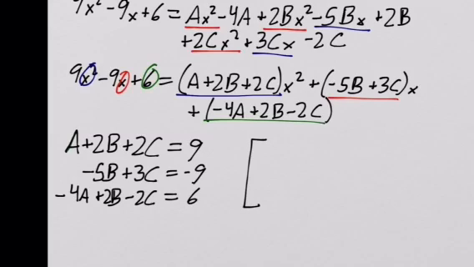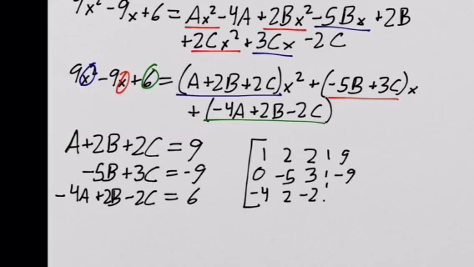I can put this into my calculator as a matrix. 1, 2, 2, 9. 0, negative 5, 3, negative 9. Negative 4, 2, negative 2, 6.